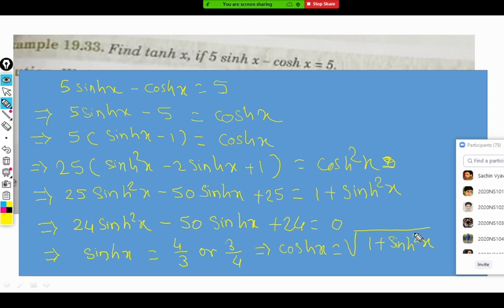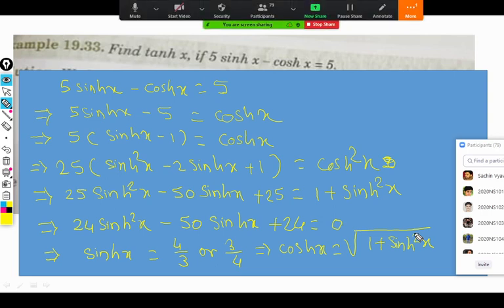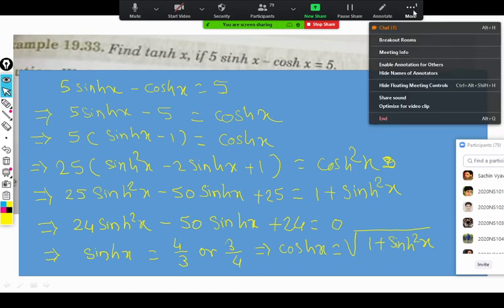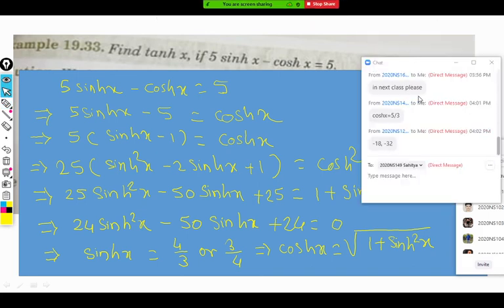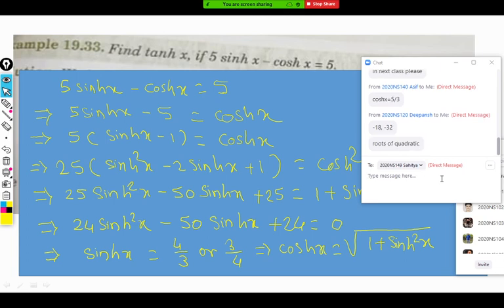Can you calculate this? Someone is on the chat there. Let me check. Minus 18, minus 32. Yes, with the Dipansh. Minus 18, minus 32. What are that? That are factors. Roots of quadratic.